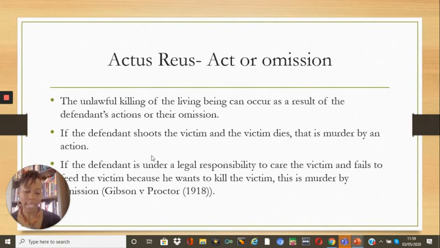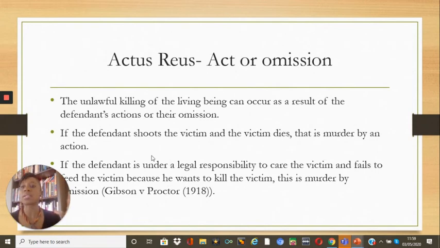And the court decided that they were in fact guilty of murder, and they were guilty of murder not because they performed an act which led to the death, but because they didn't perform acts which could have prevented the death of the child. So we're talking about murder by omission in Gibson and Proctor.